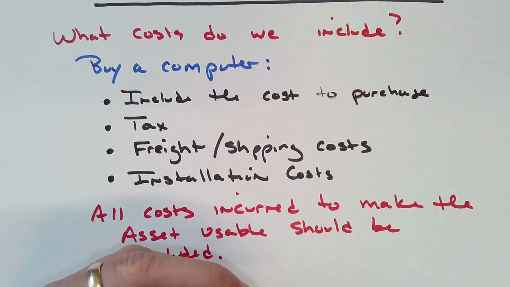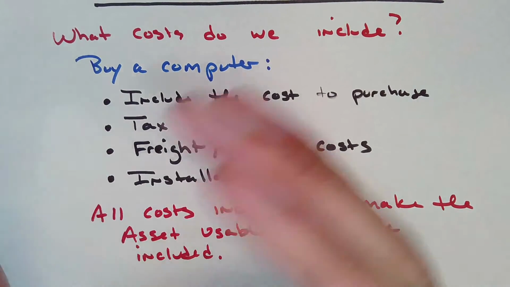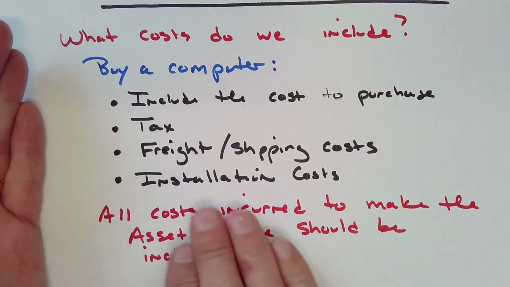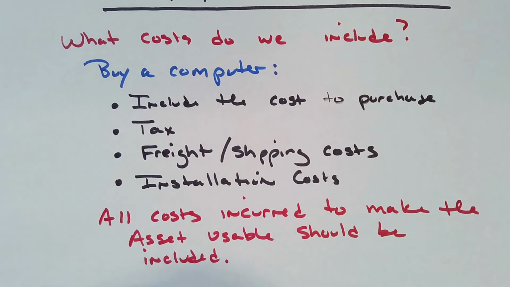And if I had to borrow money, maybe some of that interest cost to build the building should be included. If I had to get title, transfer deeds, all should be in the cost of that building, because all of those things are necessary costs in order to make that asset usable.